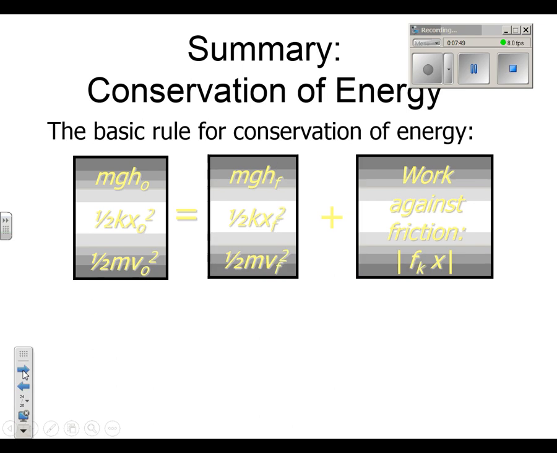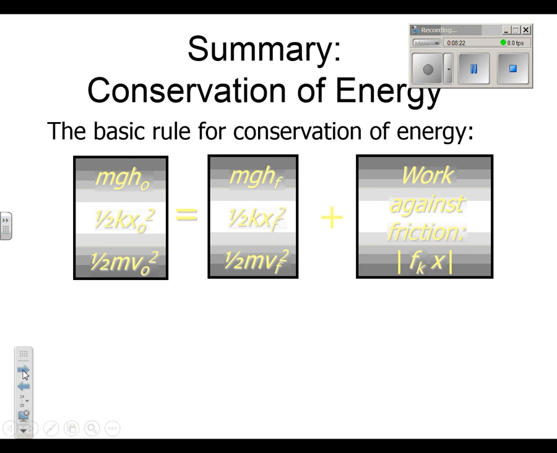So conservation of energy, the basic rules are that your mass times your gravity times your height originally, plus your kinetic energy, plus your spring potential, all of those added together would equal all of your final ones, plus, if it's non-conservative, the work against friction. Remember, you could move that to the other side and say minus the work against friction, for your originals would equal your finals.